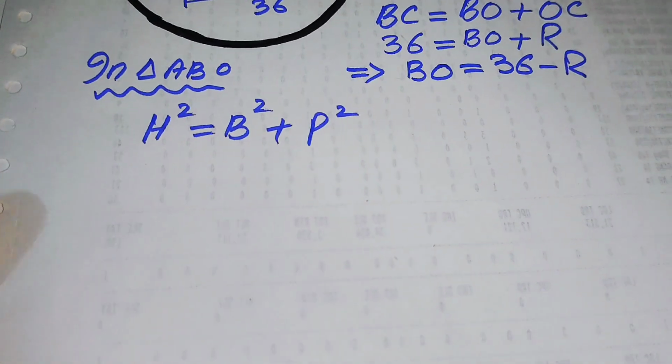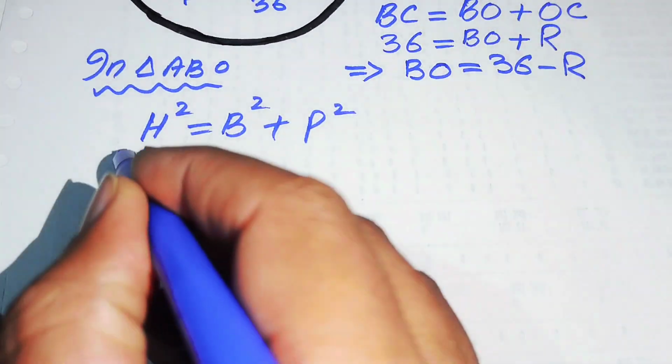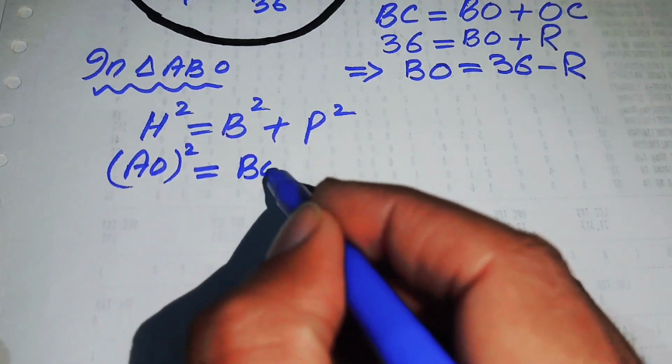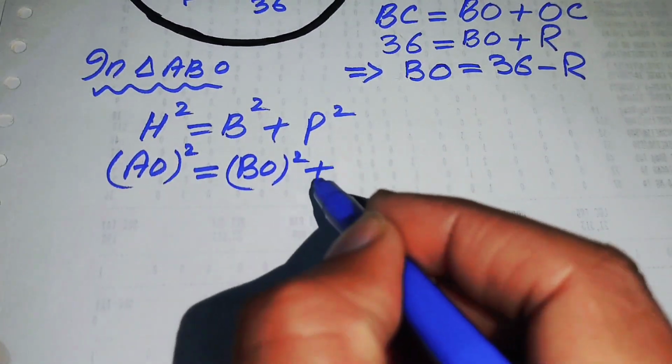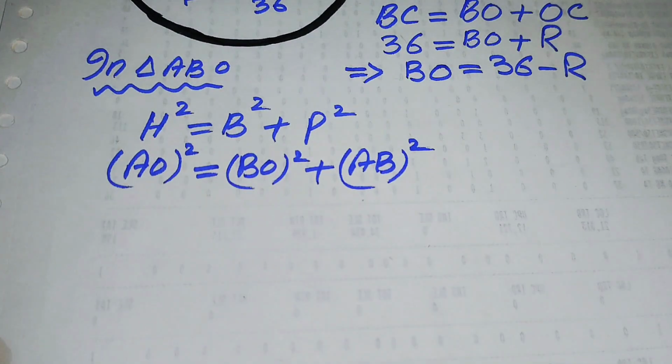So AO distance square equals BO distance square plus AB distance square.